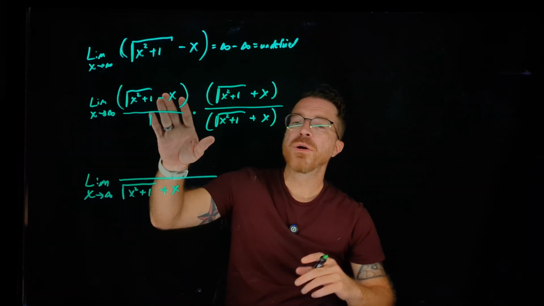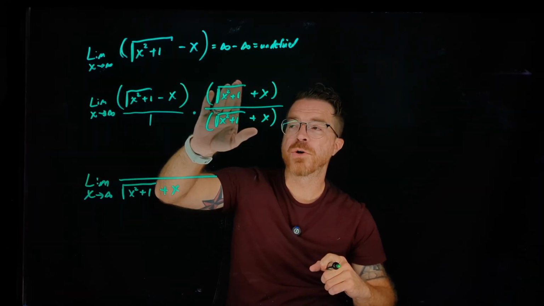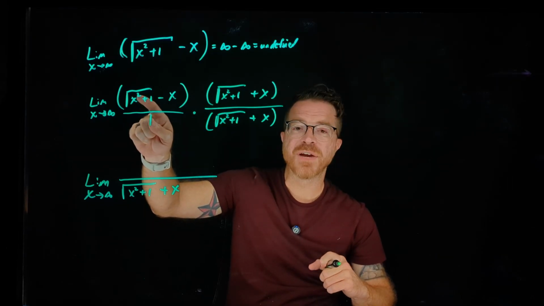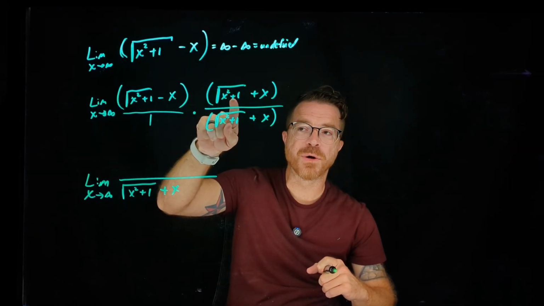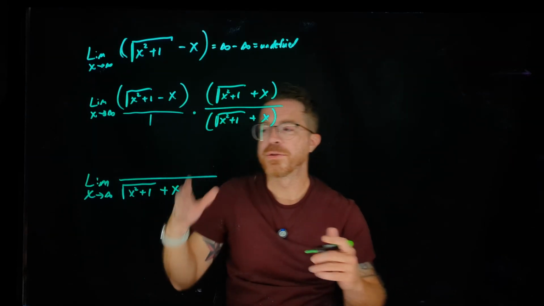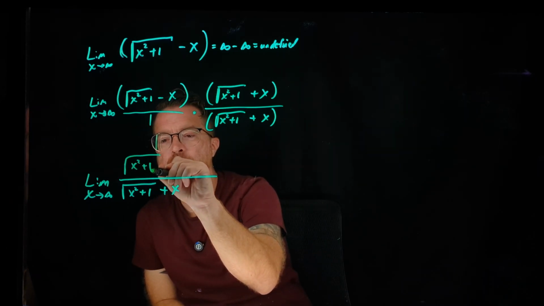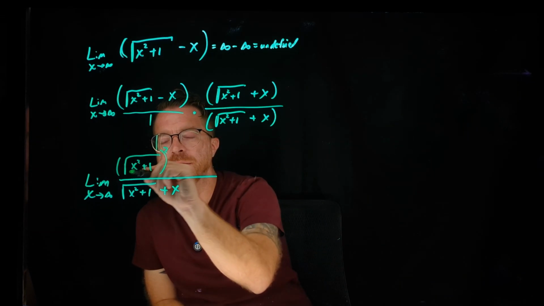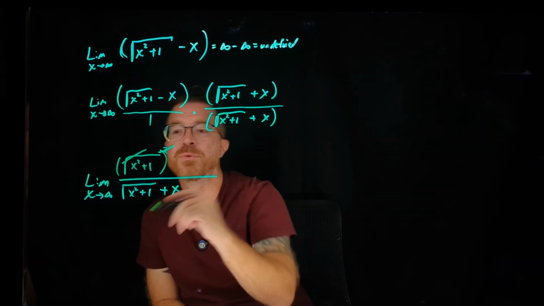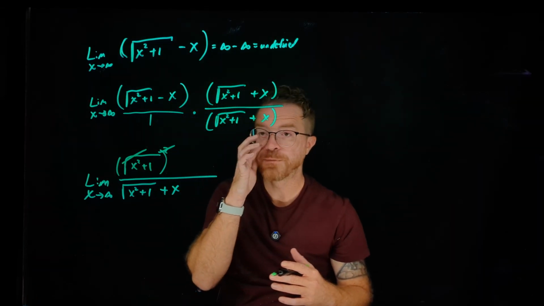And in the numerator, we're going to have to FOIL this out. So we're going to do the first term. The square root of x squared plus 1 times the square root of x squared plus 1 is the same thing as saying the square root of x squared plus 1, squared. So the square and the square root will cancel, and we'll just be left with x squared plus 1.